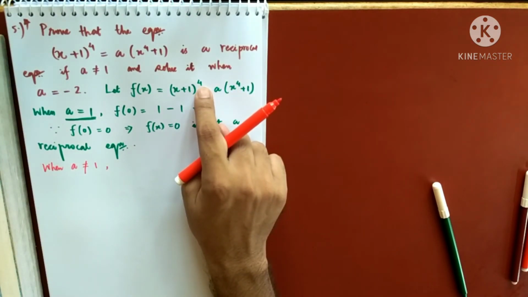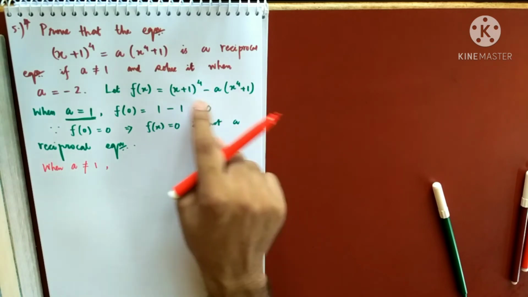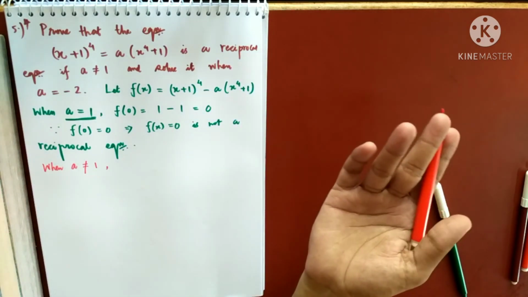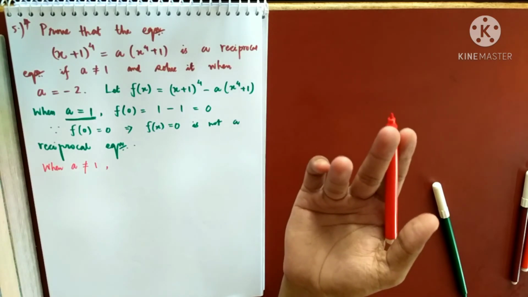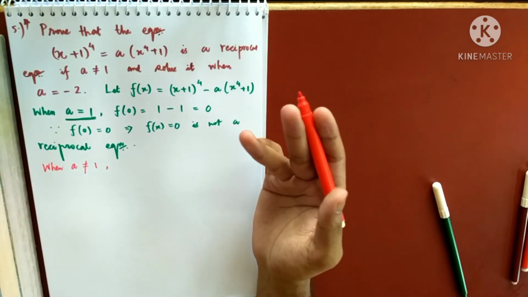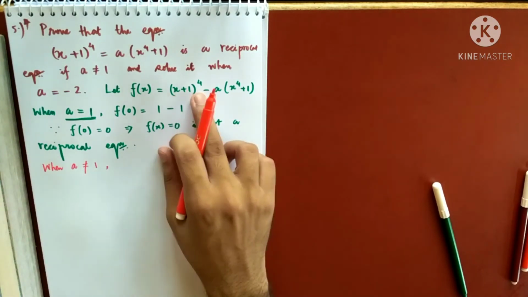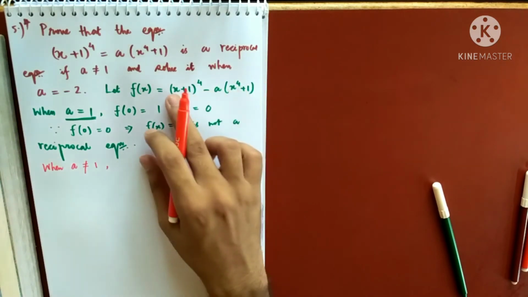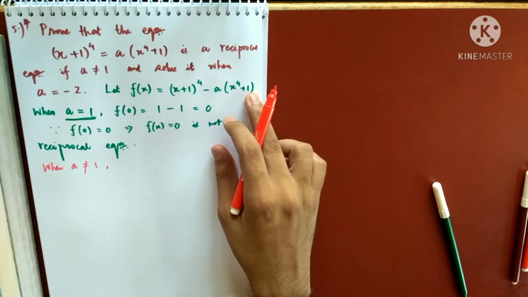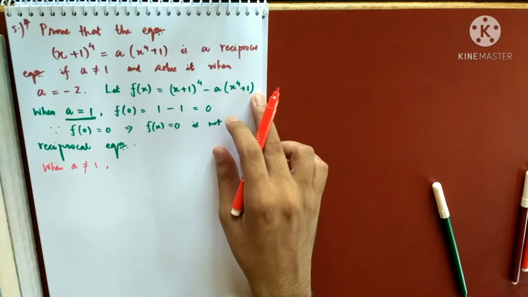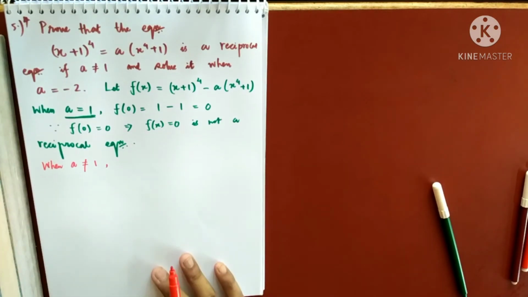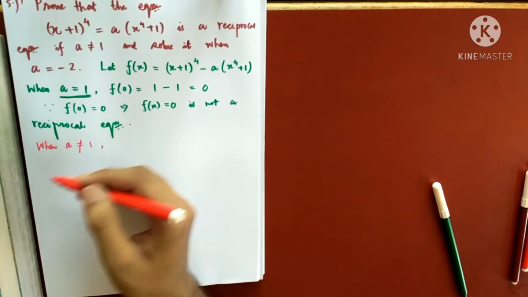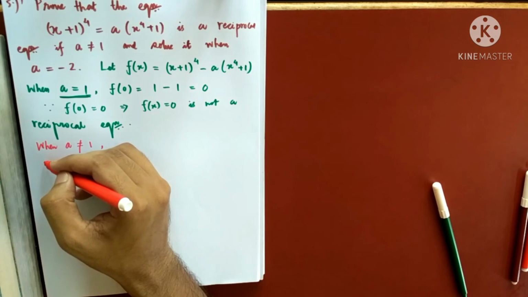To open this bracket, open this power, and simplify. You can do that. But we also have a necessary and sufficient condition, if you remember. Let's use that. One way is to open this power, simplify it, write in the decreasing power of x, and then compare the coefficients. Otherwise, let's use the necessary and sufficient condition.